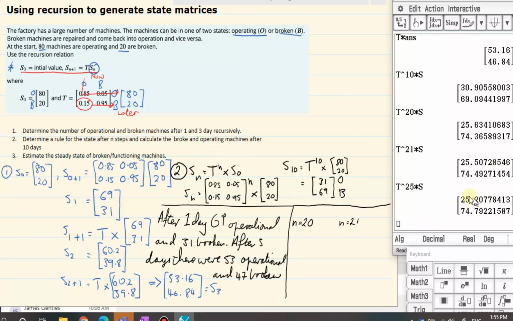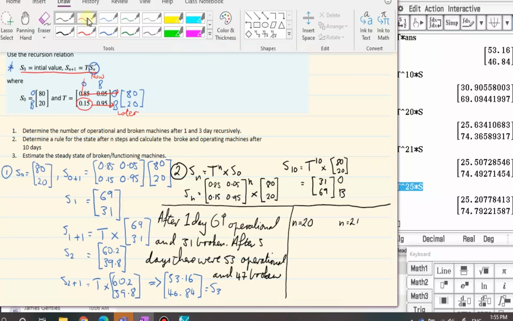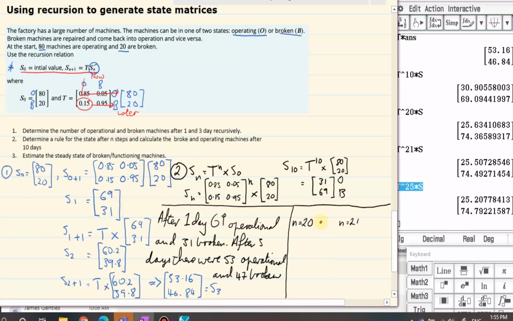So 25 rounds to 25, and this rounds to 75. Let me put a mark next to this, so I know that these two weren't quite where I wanted them. I could see that for 20 and 21, because this has gone from 0.63 down to 0.50 or 0.51, it was likely to keep going down if I went a few more states up.